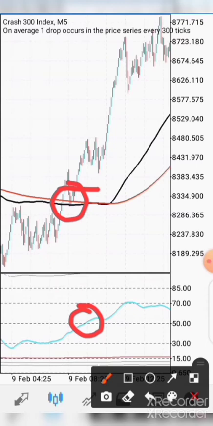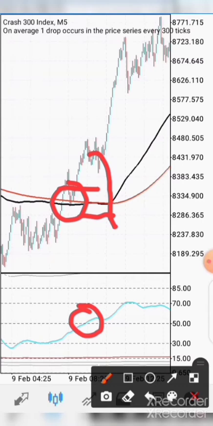But the risk management here is this: if you're holding your trade and you see the price now coming below this moving average, like this, returning back here, I will advise you to just close your trade.